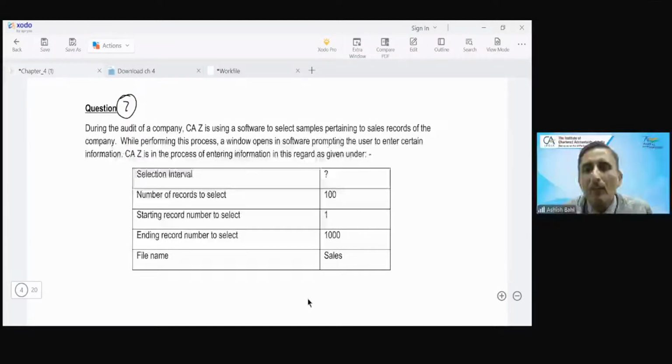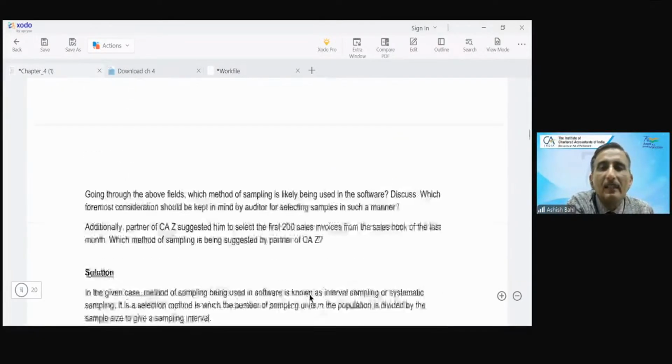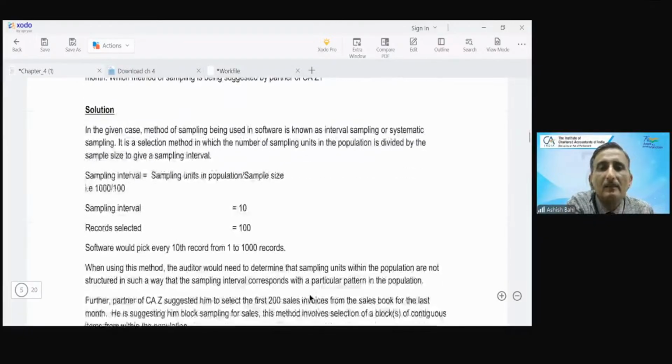Number of records to select is 100, from records numbered 1 to 1000. So what is the selection interval? The selection interval is 1000 divided by 100, so it is 10.